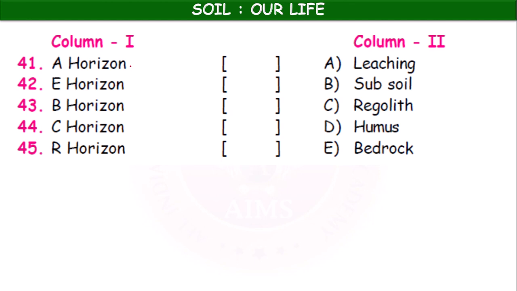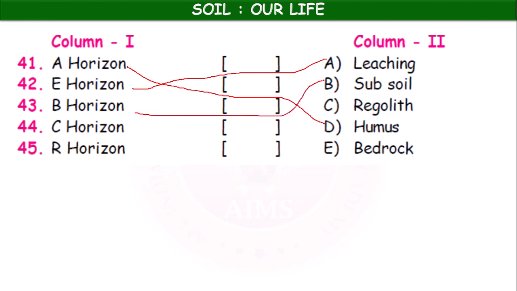So let us match. A horizon is the topsoil. It is made up of humus. E horizon is also called the region of leaching. Next, B horizon is also called the subsoil, below the topsoil. Next, C horizon is called regolith.